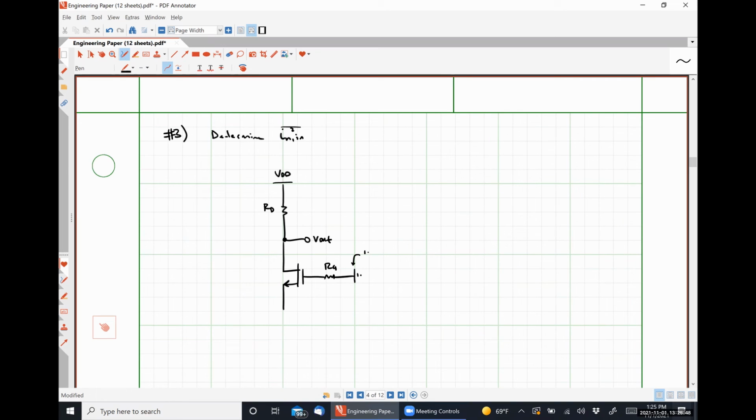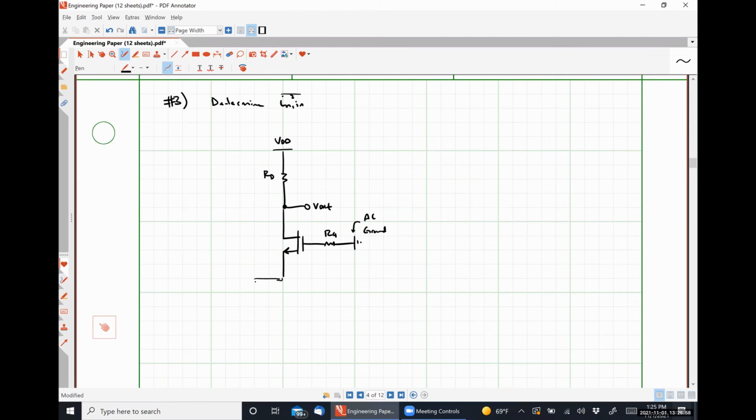I'm going to call this guy, for the sake of argument here, an AC ground. Now I'm applying a noise current spectral density across the input terminals. And I'm trying to figure out what value for that noise current spectral density creates that output spectral density Vn out squared. Okay, that's the goal here.